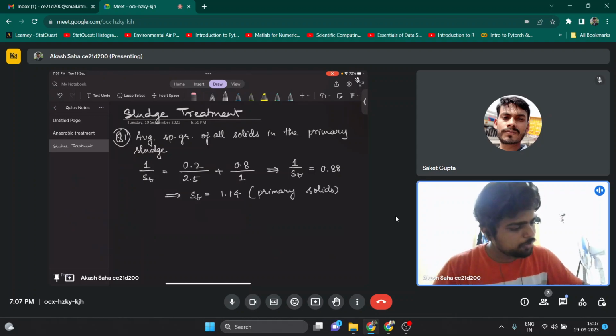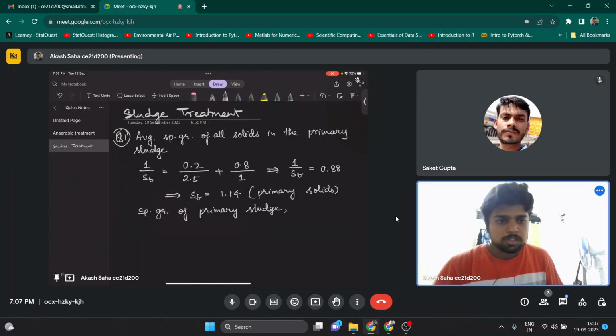Now we will find out the specific gravity, I am writing the short form SPGR, specific gravity of primary sludge. First, we have found out the specific gravity of the solid. Now we will find out the specific gravity of the primary sludge.